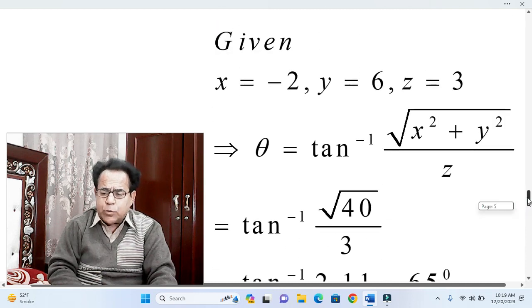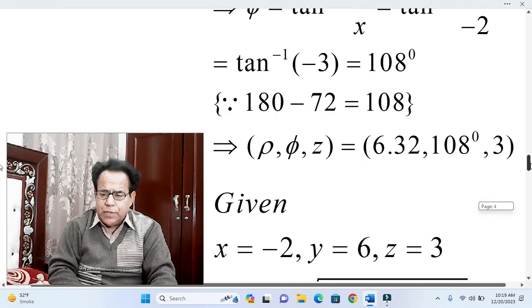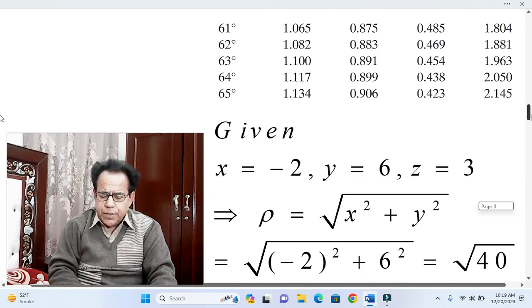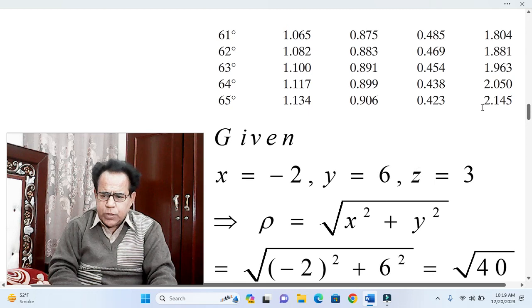We go back to that table from where we have found this value. 65 is, okay, 2.145. That value is 2 point something, and 2 point something is this value. So this value is 65 degrees.